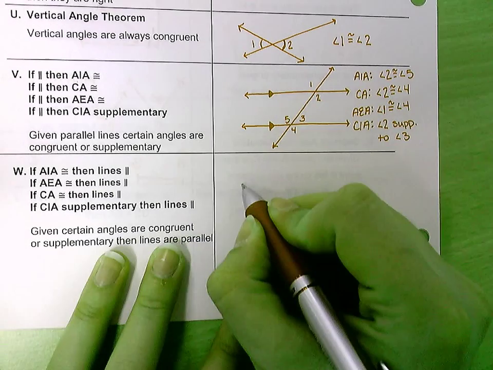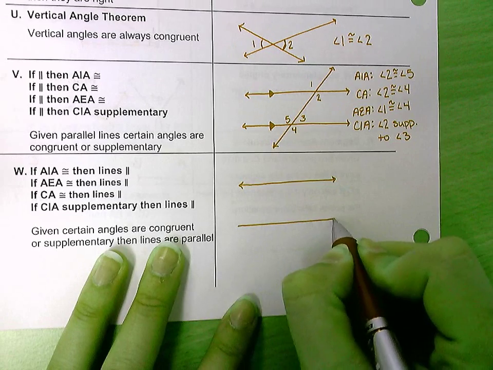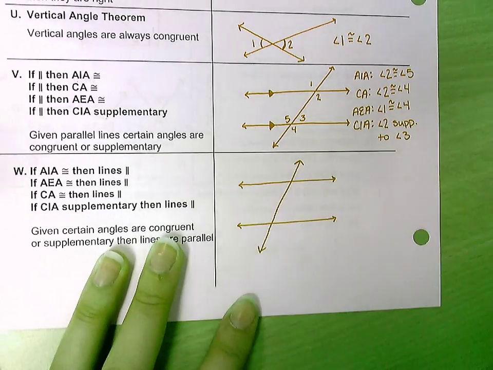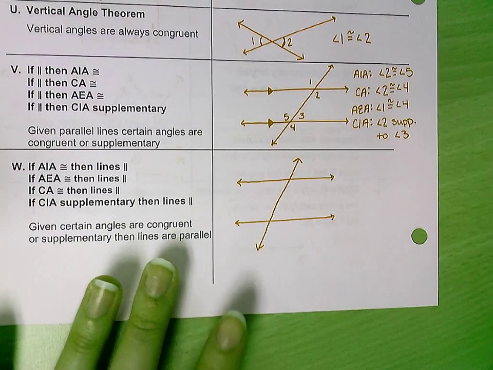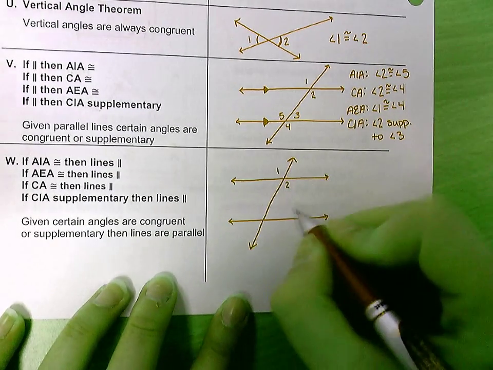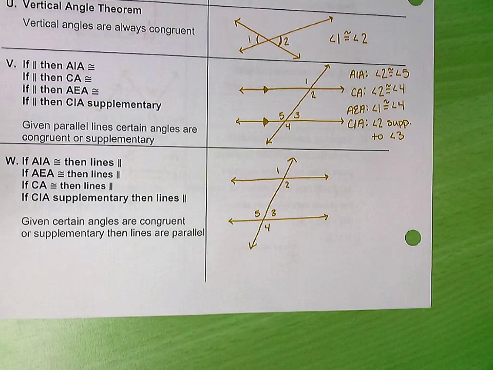So if I have these two lines with a transversal, again, I'm going to label my angles 1, 2, 3, 4, and 5, just the same as I did last time.